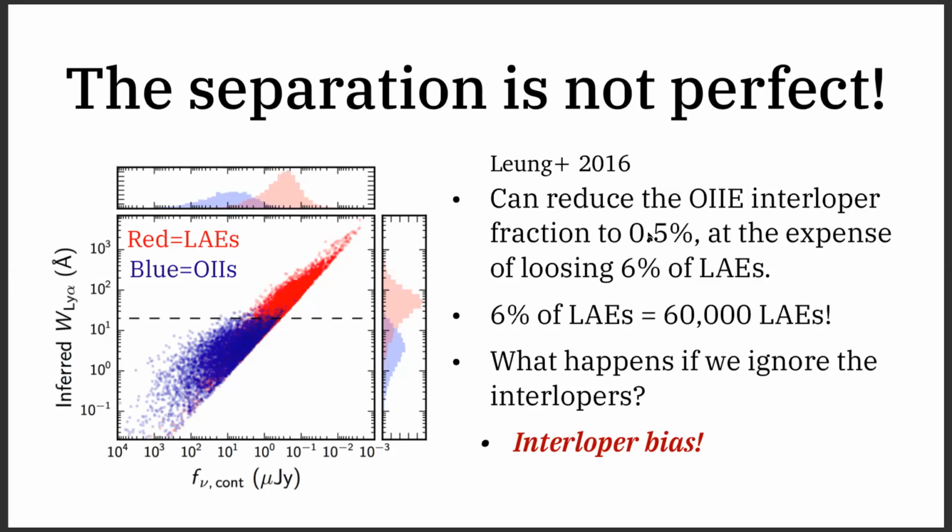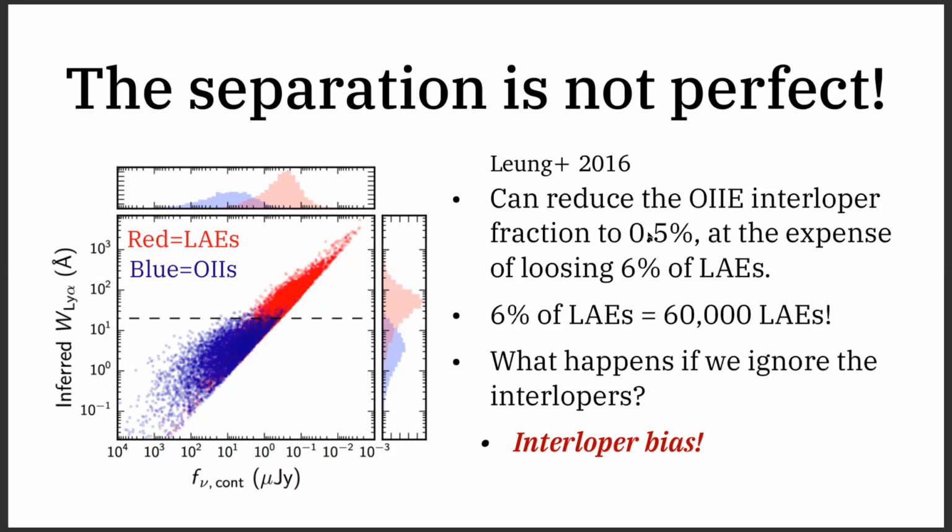Okay? And in this paper, in the collaboration, Lung et al., they found that if you want to reduce the interloper fraction of oxygen galaxies down to 0.5%, you have to pay the expense, which is you lose 6% of LAs. That means you lose something like 6,000 LAs, and we don't want to do that.